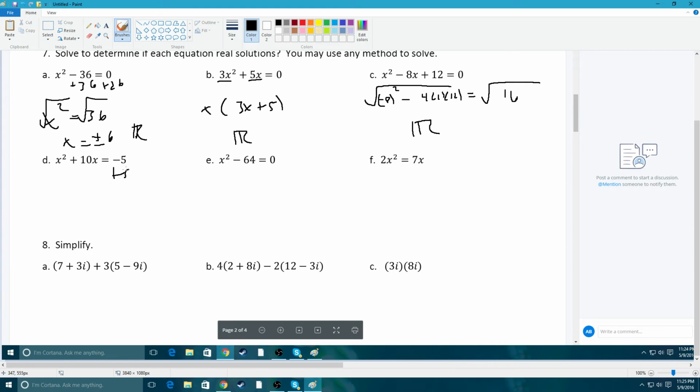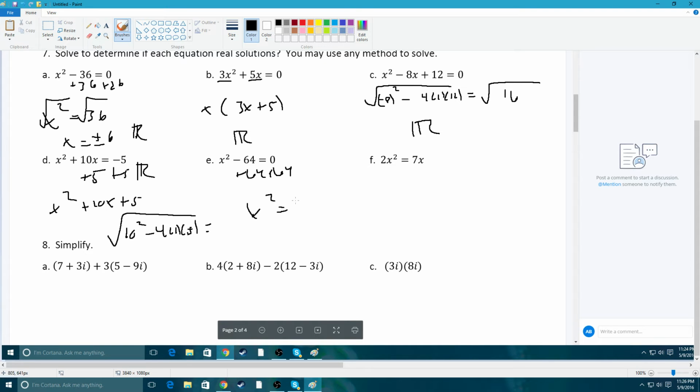Add 5 to both sides, because you can't do anything unless it's equal to 0. X squared plus 10x plus 5. So square root of 10 squared minus 4 times 1 times 5. And that ends up being real. This one, add 64 to both sides.